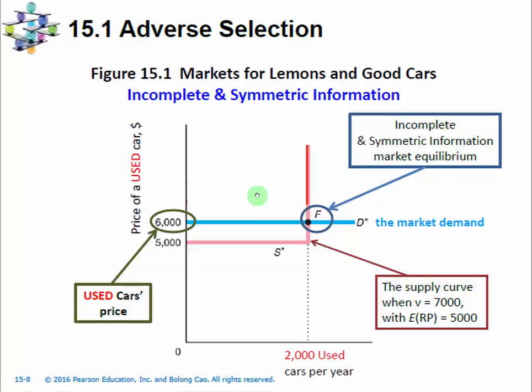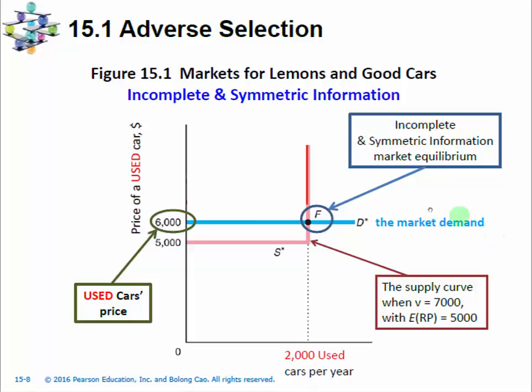So 50% times $3,000 for lemons plus 50% times $7,000 for good used cars, we have an expected reservation price by the sellers of $5,000, which is less than the expected willingness to pay of $6,000.